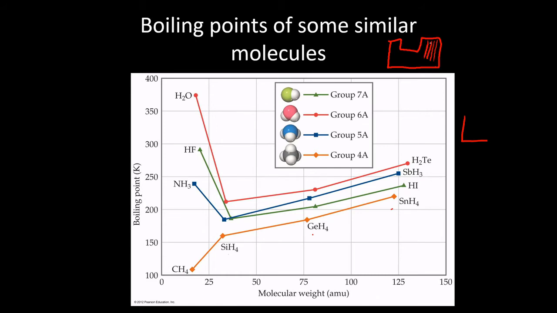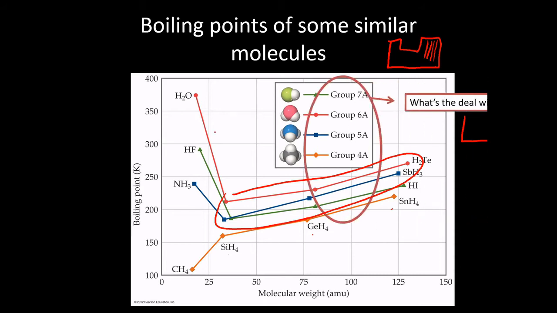It's just the atoms up in this corner of the table. Group 7A for these three molecules is very similar, same thing with 5A and 6A for these three molecules. As the molecules get larger, the boiling point gradually increases.